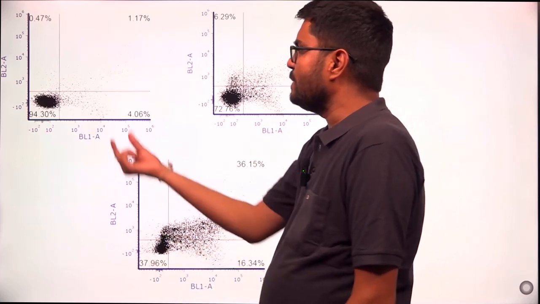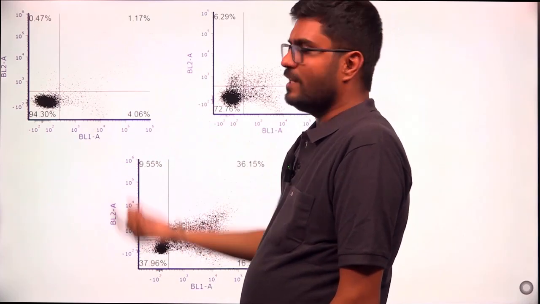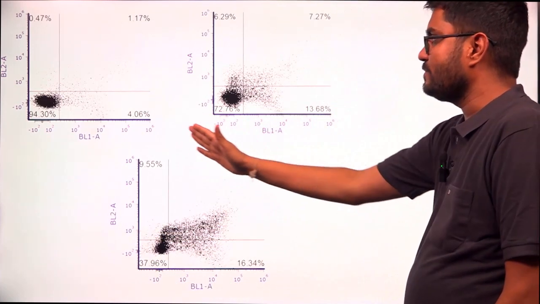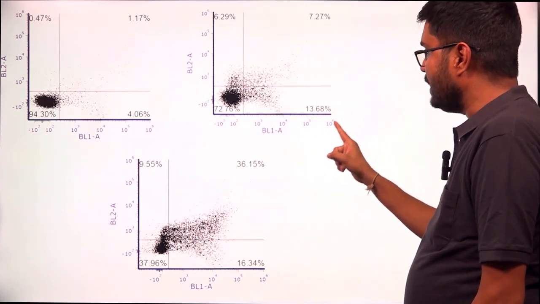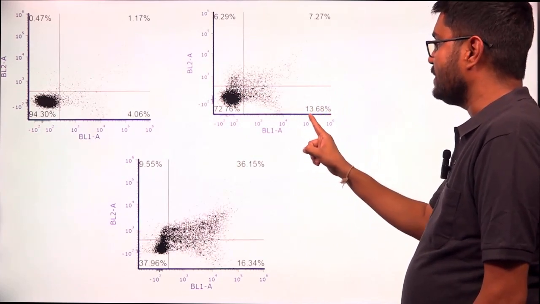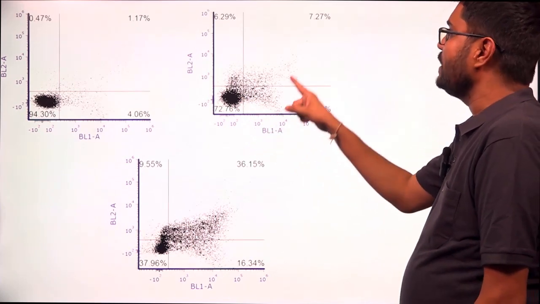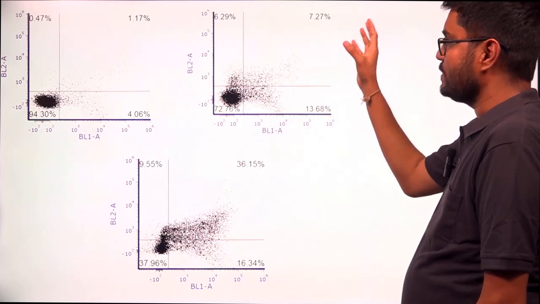Healthy. Some cells are early apoptotic, or some cells are showing necrosis or apoptosis. But after 24 hours, you can see the cells are moving in this direction. It means there are cells in early apoptosis, that is 13.68%. The healthy cell percentage is decreasing, and there are also cells which are double positive, that is 7.27%.